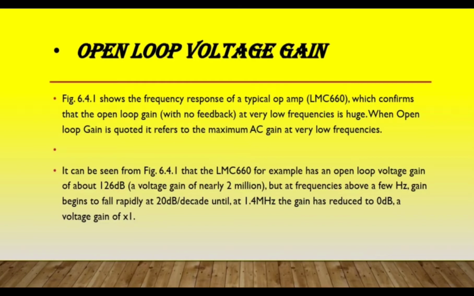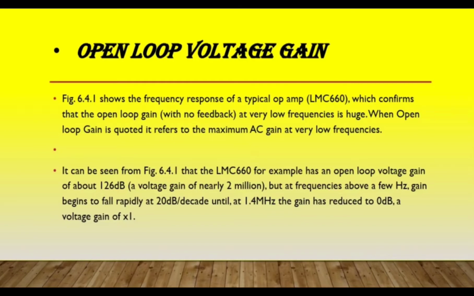It can be seen from Figure 6.41 that the LMC660, for example, has an open loop voltage gain of about 126 dB, a voltage gain of nearly 2 million, but at a frequency above a few Hz the gain begins to fall rapidly.